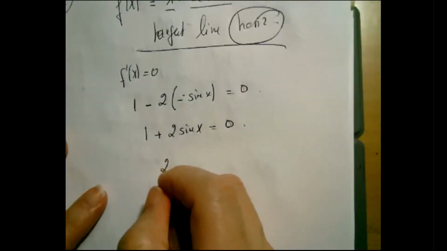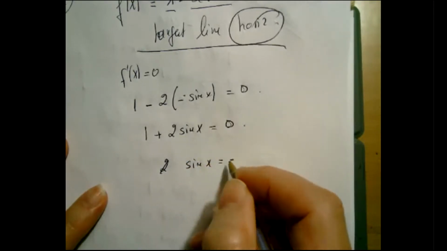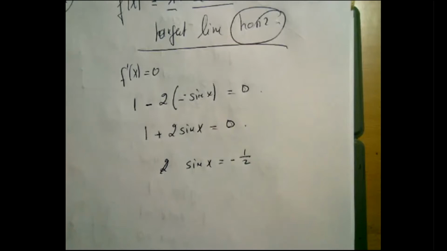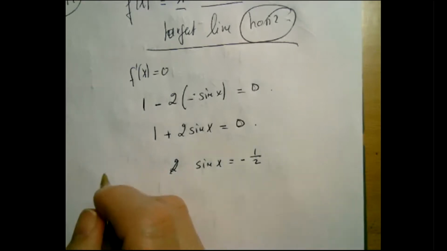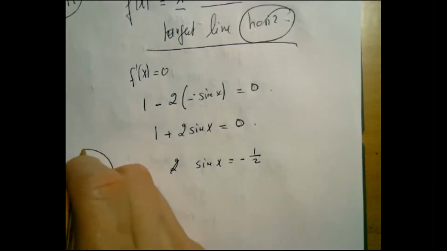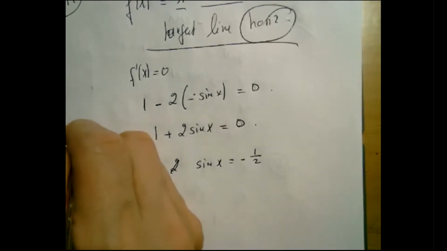So we can solve for sine: sine x is minus a half. And now the question is, for which values of x is the sine equal to minus a half? So we can go back here a little bit to our unit circle. That's my unit circle.